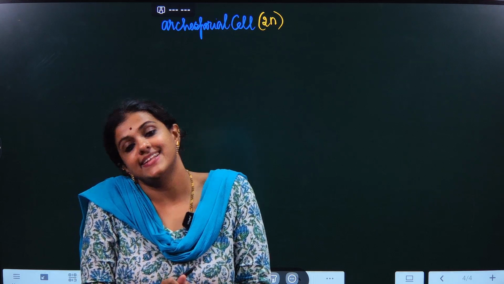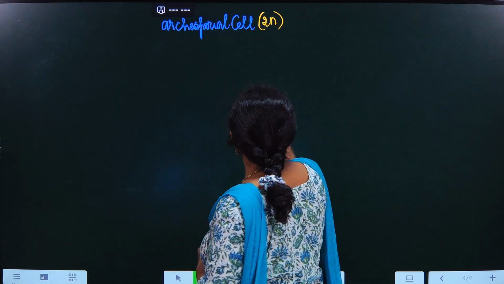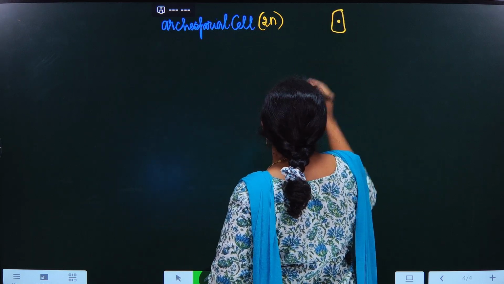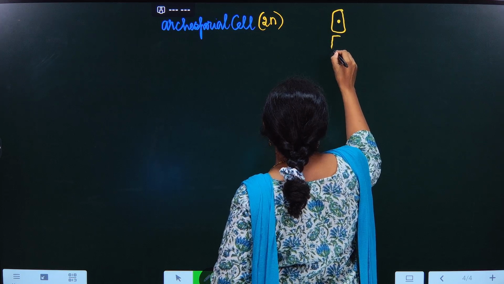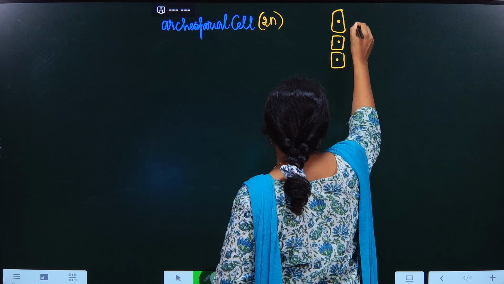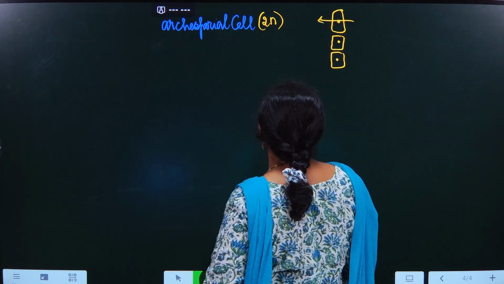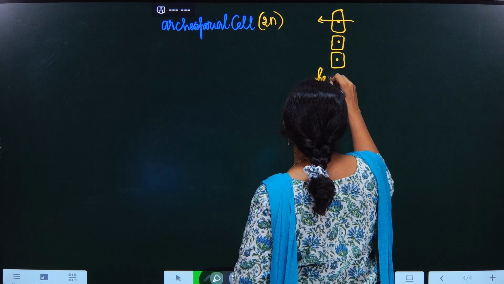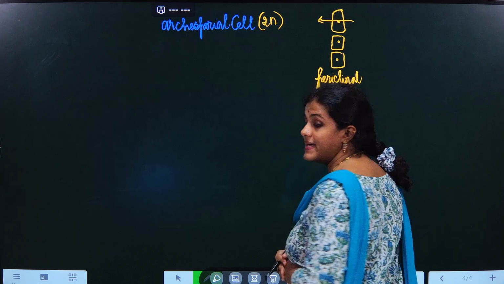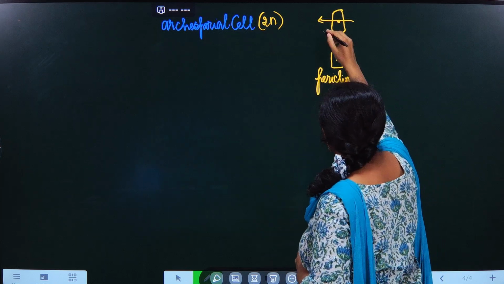Now this archisporial cell will undergo periclinal division. See, there is one cell. If a cell undergoes division like this, then you call it periclinal division.